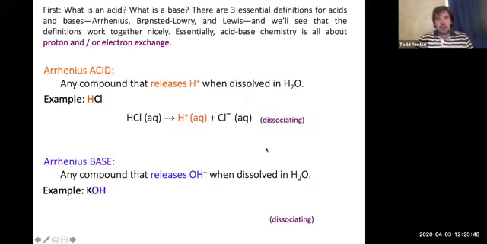So HCl, if it's in water, so we said before, HCl is one of our strong acids. So HCl breaks apart completely in water, just like what happens with our salts like NaCl. Turns out that the products are really stabilized in water. So we end up with H plus and Cl minus.